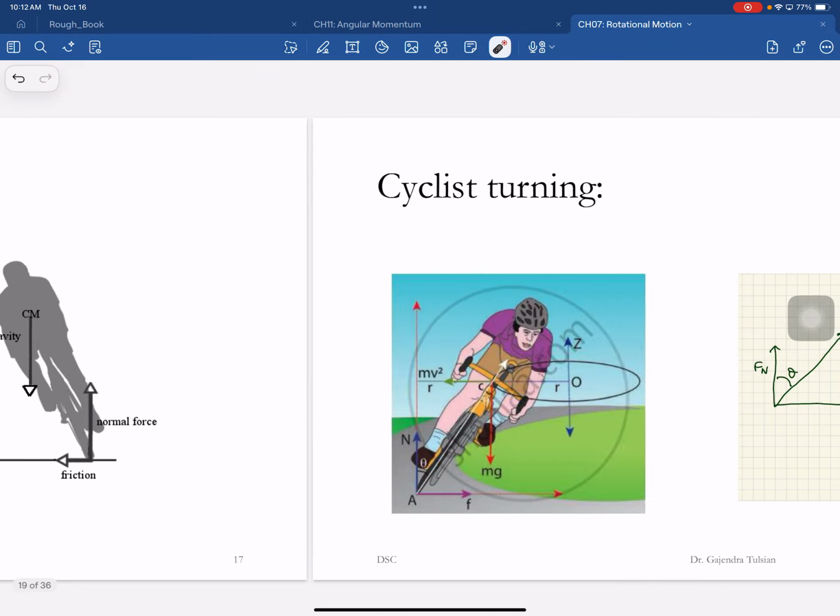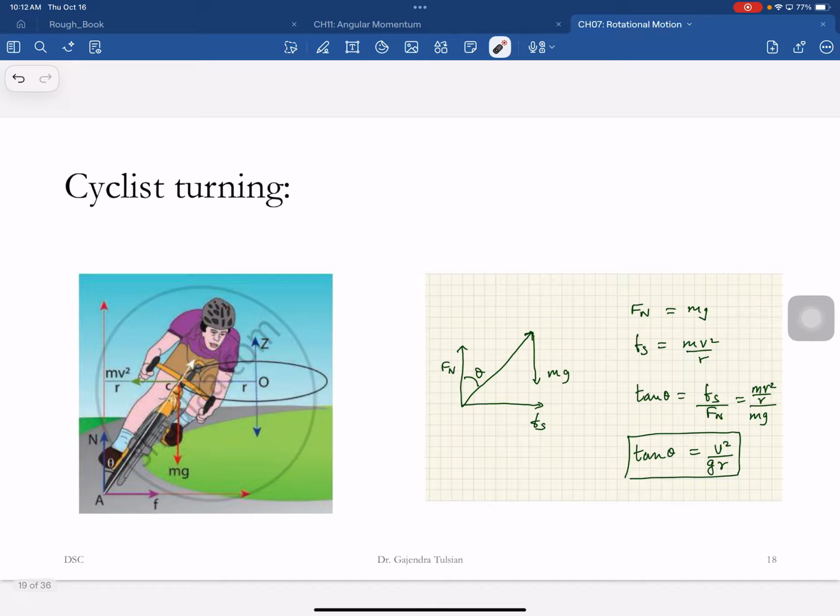So, just like in the case of the banked road, this is the lean angle, theta, and this is providing the centripetal force. The friction force is providing you the centripetal force, and the normal force is equal to the weight of the guy.